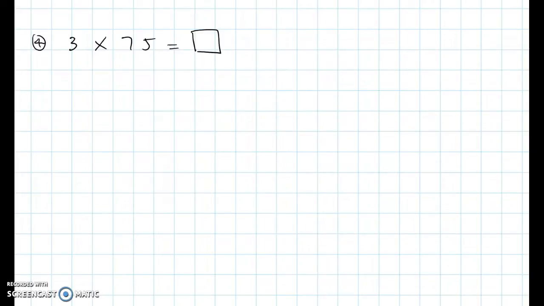Okay, our last example would be 3 times 75 equals, we don't know. So we can either, let's see, are we going to half and double it, or are we going to third and treble it? Let's try with the double and half. If we double that, that would give us 6. But if we half that, that's going to be hard.